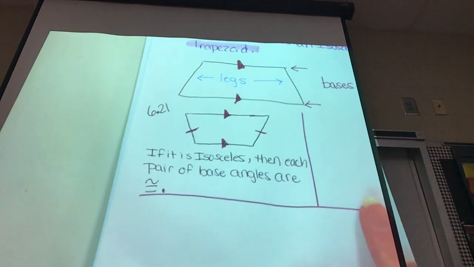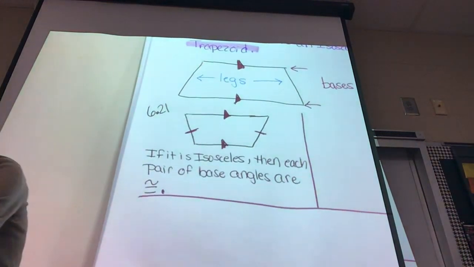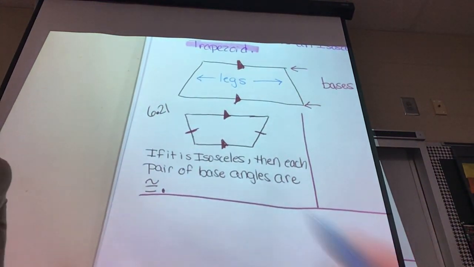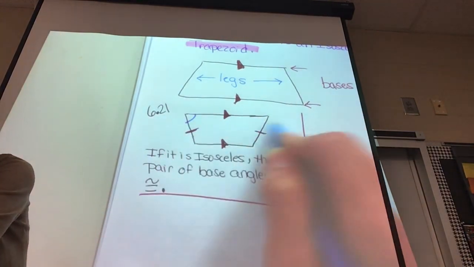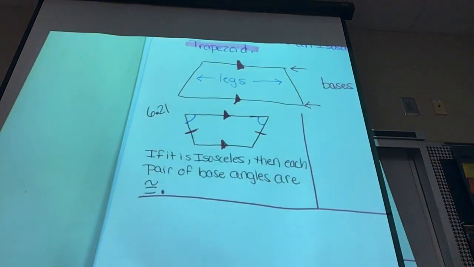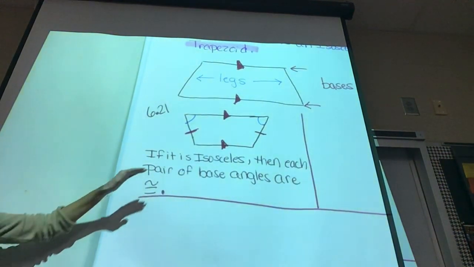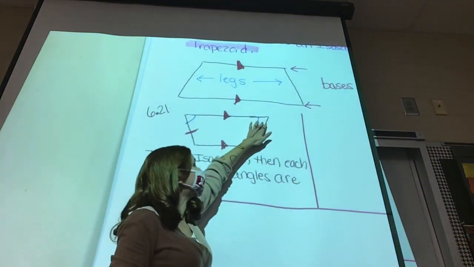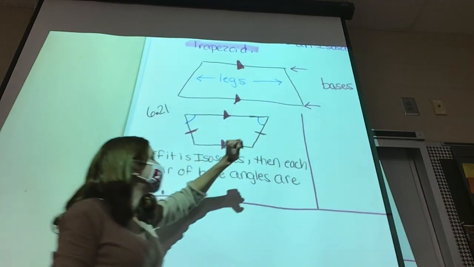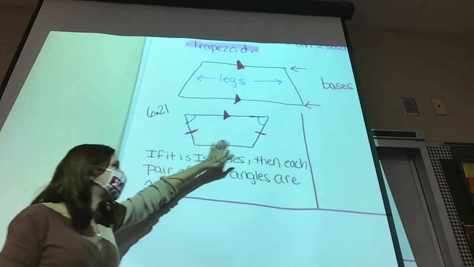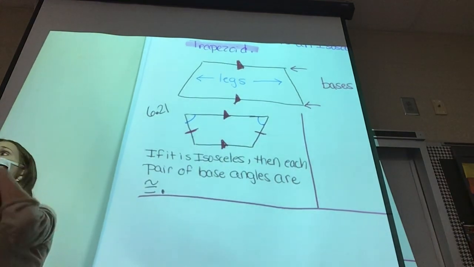So, where are the base angles? The base angles, that would be these two. Guys, remember your bases are the two that are parallel. So the ones on this parallel line are congruent, and the ones on this parallel line are congruent. They're not congruent to each other.